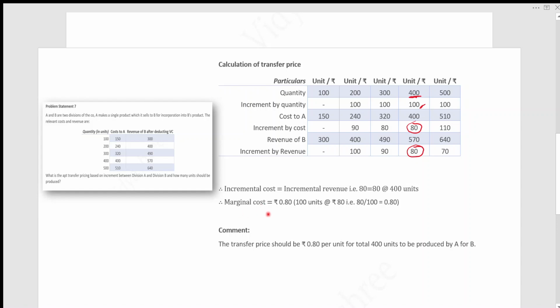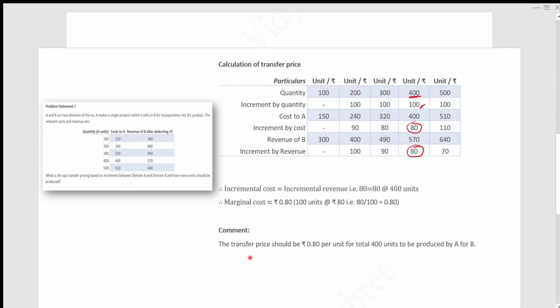So to produce one product, the price to be fixed is 0.80. Let me repeat how you got this 0.80. The additional unit here is 100 units at rupees 80. How did you get this 80? Because cost and revenue are equal at rupees 80. So 100 units at rupees 80 gives you per unit 0.80.